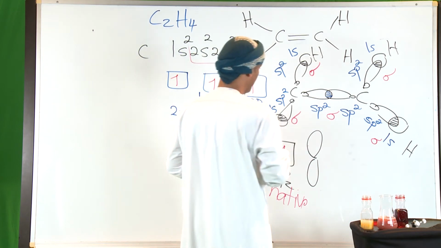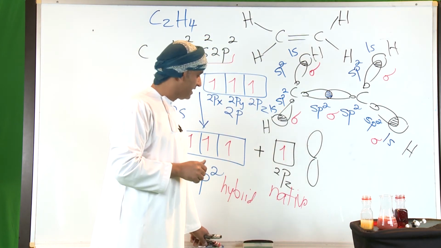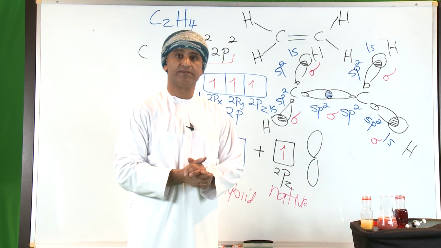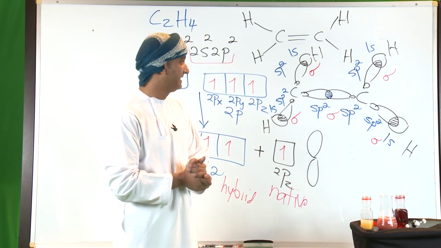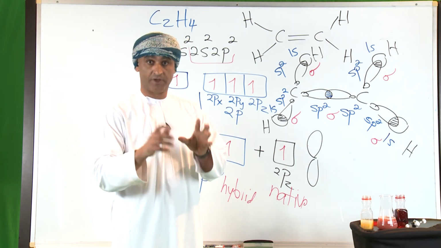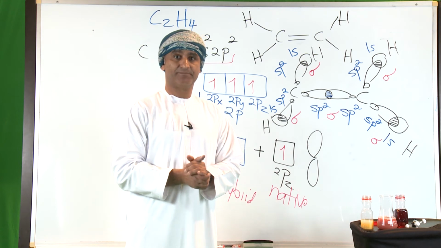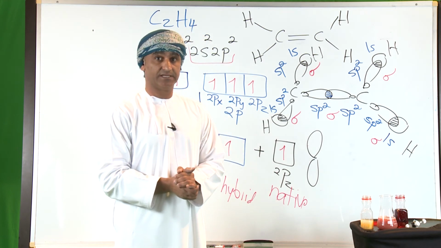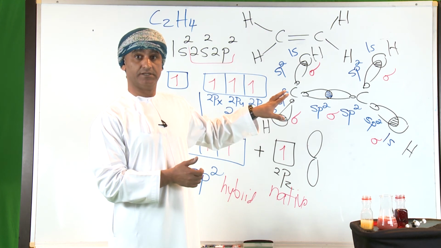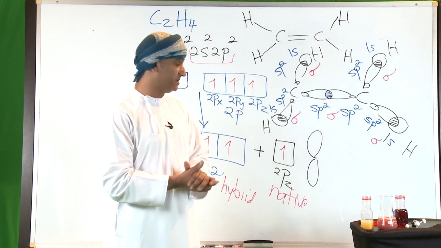So therefore there are four sigma bonds in the case of ethylene, formed as a result of orbital overlap, head-to-head or end-to-end overlap. So far we have not talked about the native p orbital.